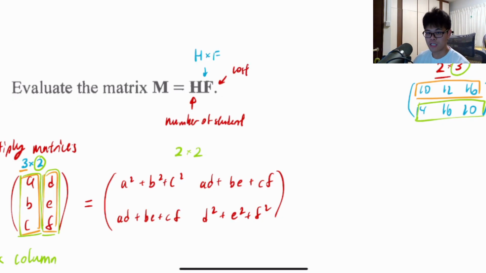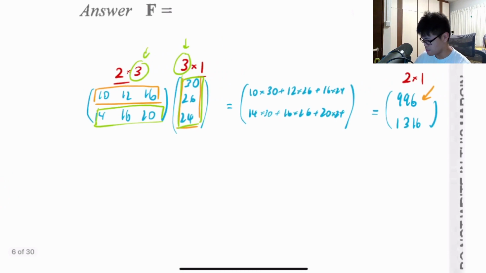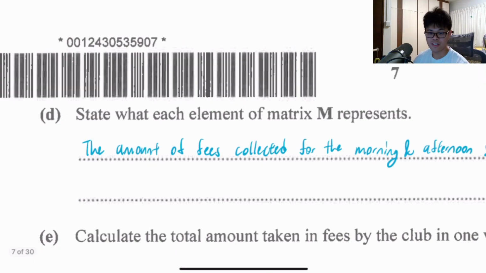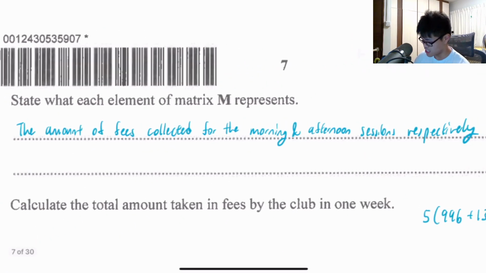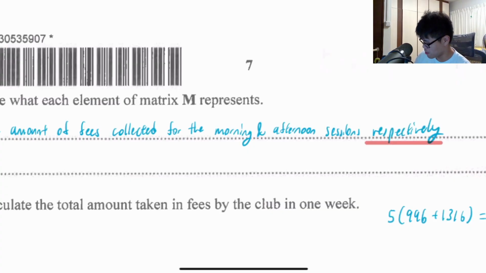So for the two values here, this must be the total cost in the morning, and this must be the total cost in the afternoon. So we write: the amount of fees collected for the morning and afternoon sessions, respectively. The keyword here is probably respectively, because it shows that each item in your matrix corresponds to morning, afternoon.